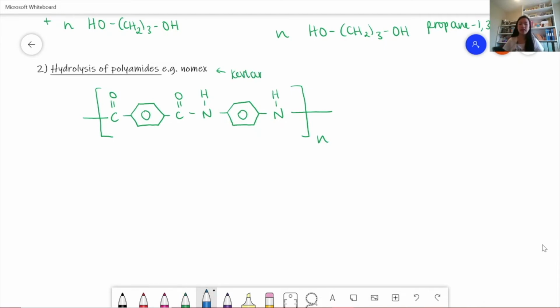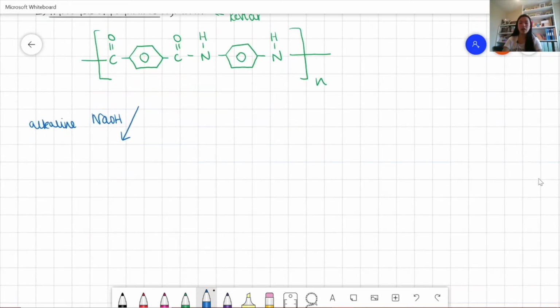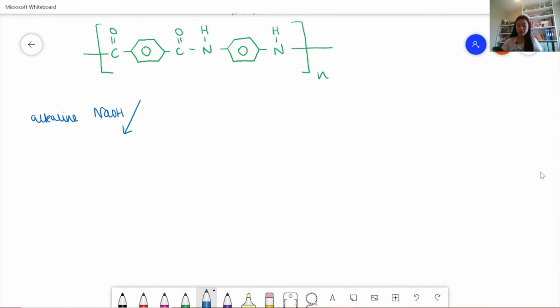And so first we're going to look at the hydrolysis using a base, so sodium hydroxide, and this is going to be alkaline. And so we form the salt of the dicarboxylic acid. And so we form N numbers of this Na+, and then we have the COO-, and we have the benzene attached, and then the same on the other side. And then we also form N amounts of the diamine.